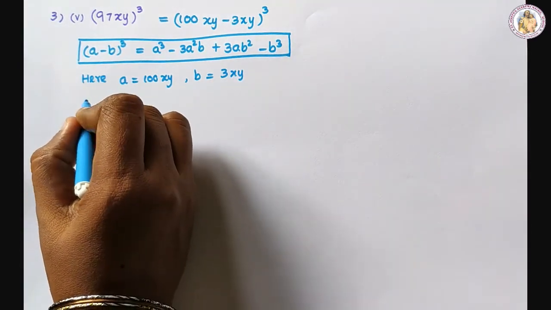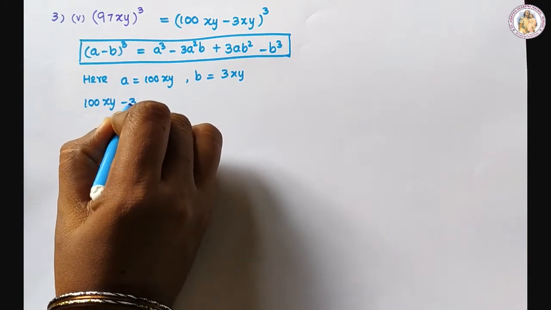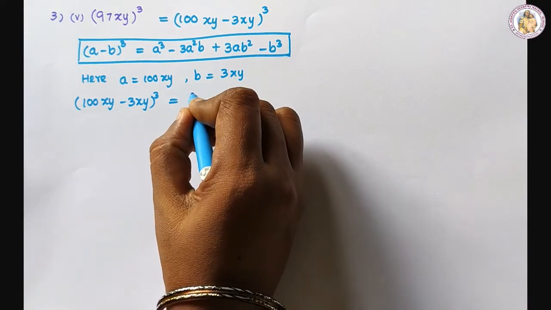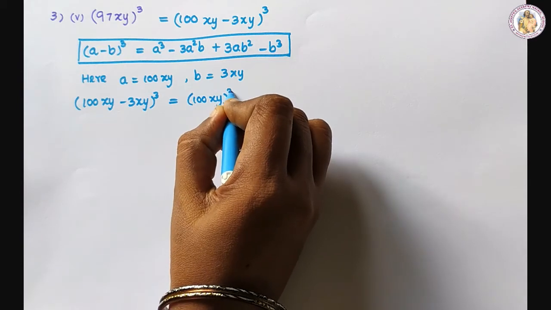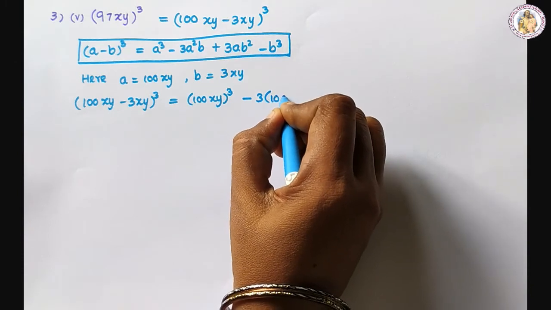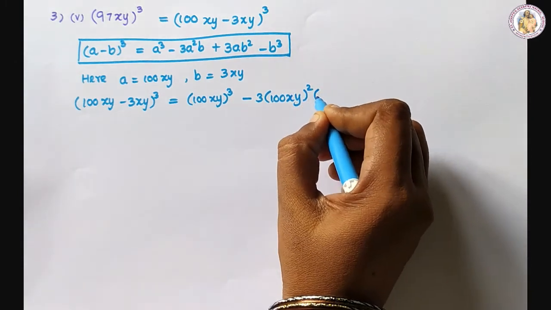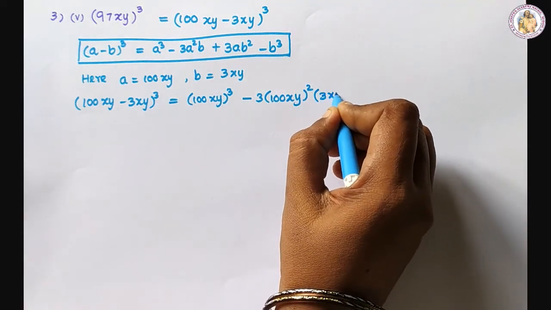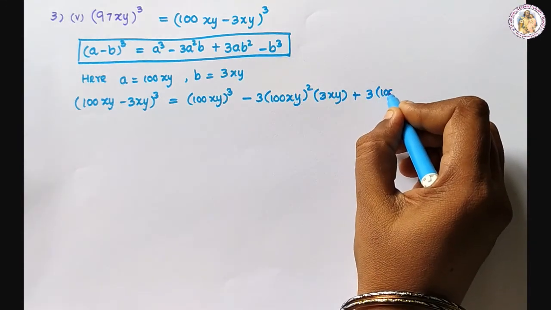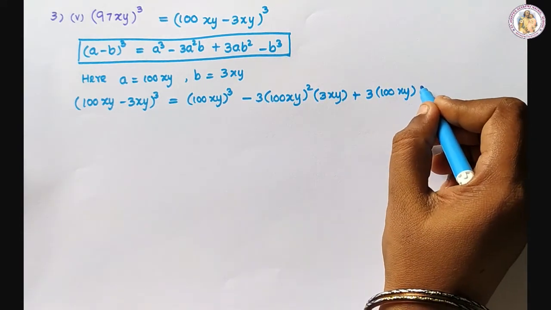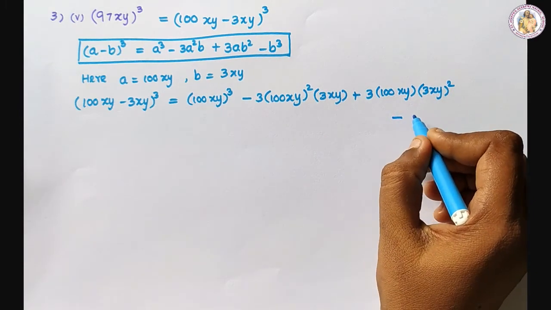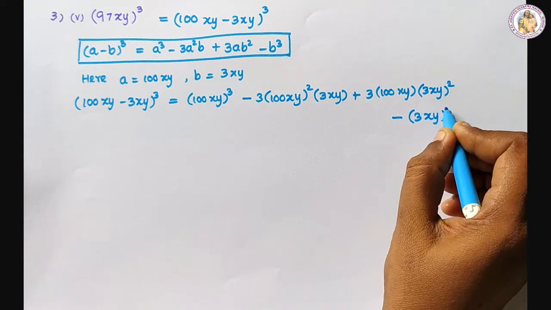Now substitute the values. (100xy minus 3xy) the whole cube equal to a cube, that is (100xy) cube, minus 3 into a square, that is (100xy) square into b, 3xy, plus 3 into a, 100xy, into b square, that is (3xy) square, minus b cube, that is (3xy) whole cube.